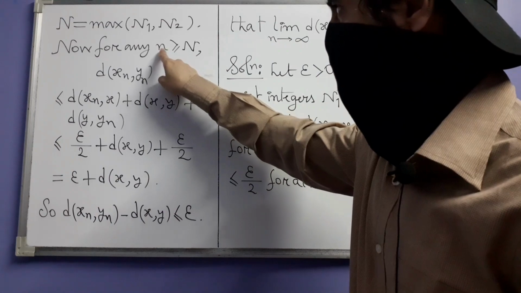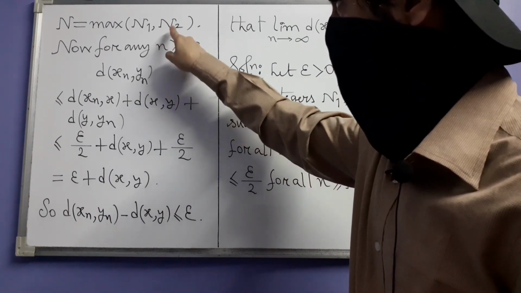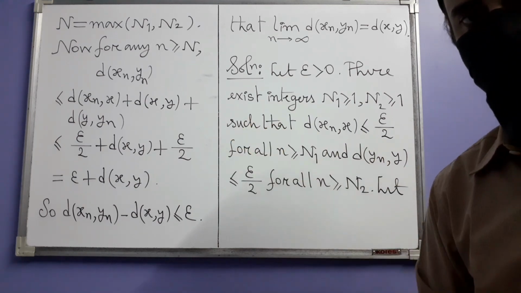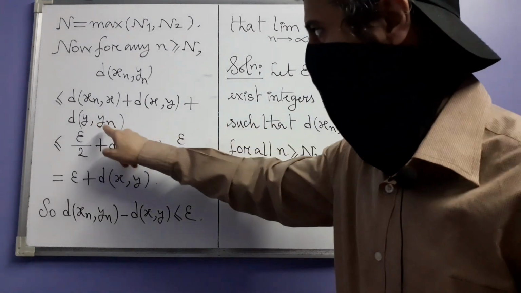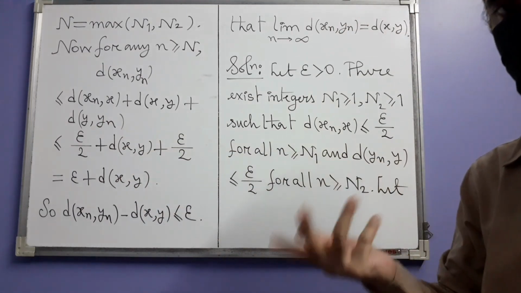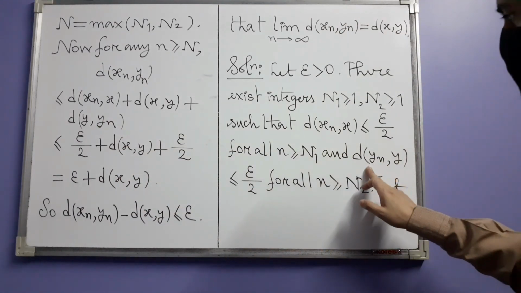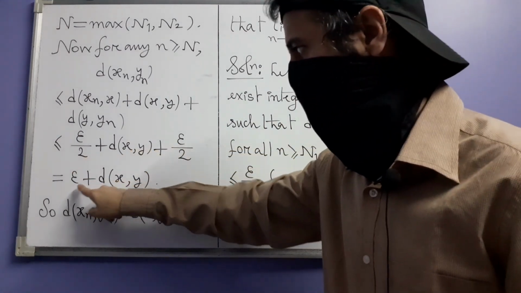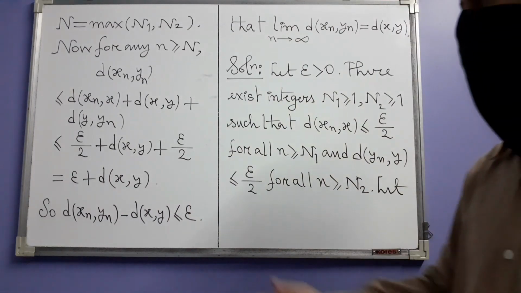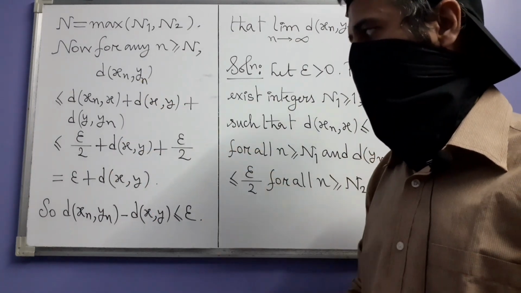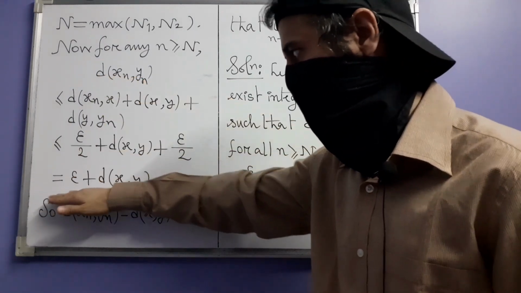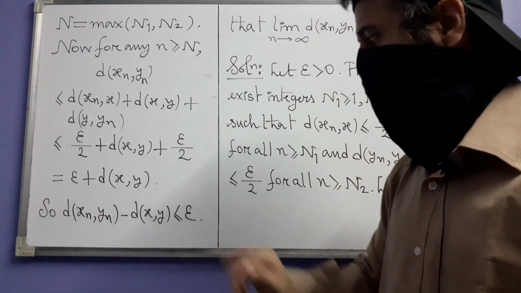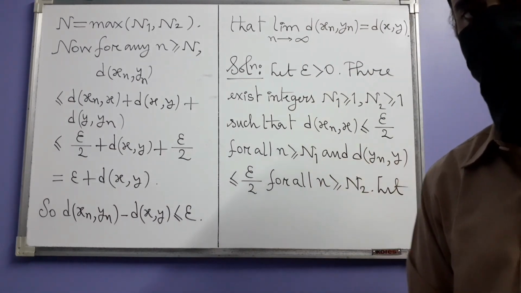And again, because n is also greater than or equal to N2, this second inequality is also true for that n, that d(y, yn) is the same as d(yn, y) because of symmetry. So this will be less than or equal to epsilon over 2 as well, and that's how this becomes epsilon plus d(x, y), and then you subtract d(x, y) from both sides of this inequality, and that's how you get this: d(xn, yn) minus d(x, y) is at most epsilon.